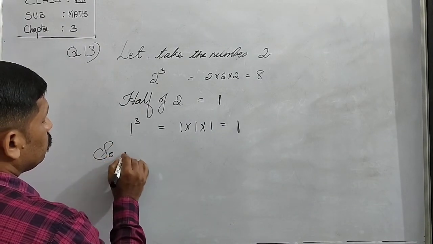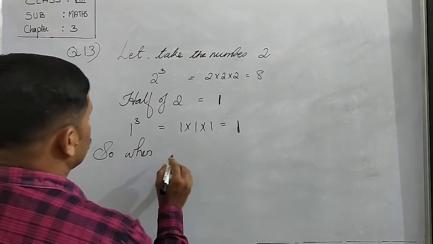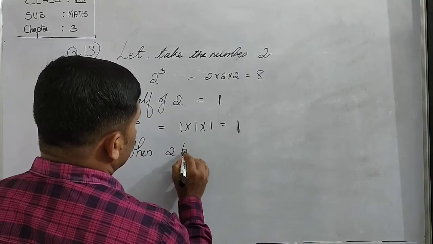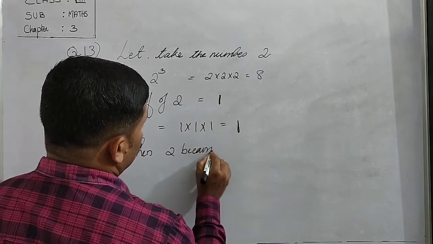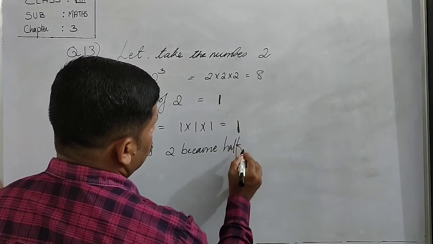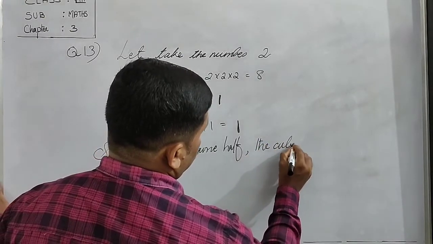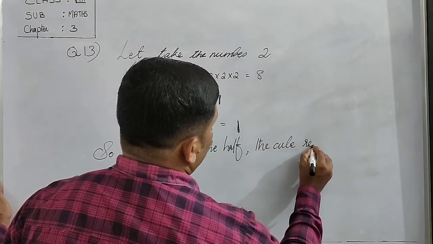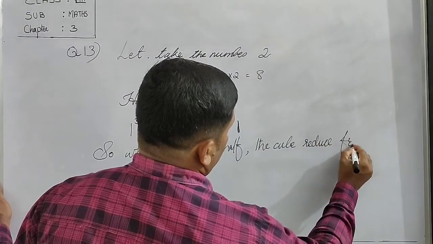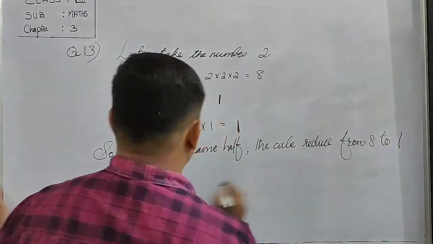So when 2 became half, the cube reduced from 8 to 1.